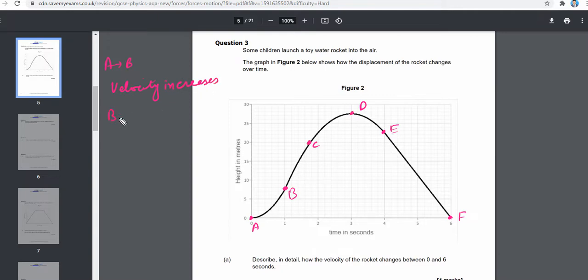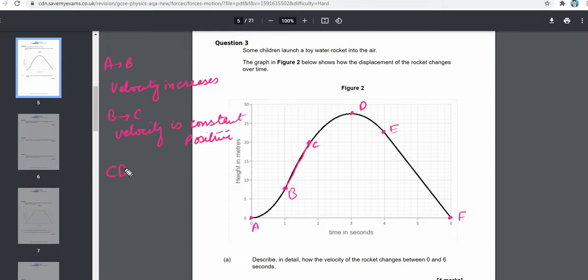Now from B to C, the velocity is constant, positive. Like it has some positive value, because from B to C, you see there's a straight line that is going up.